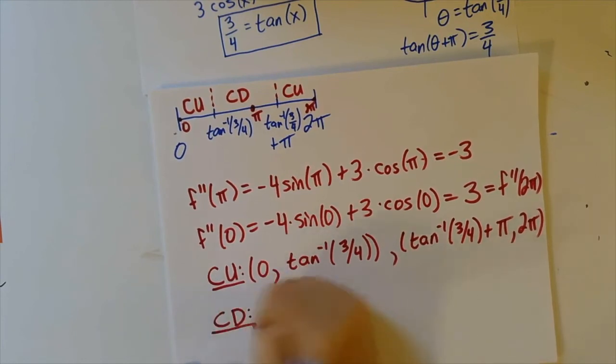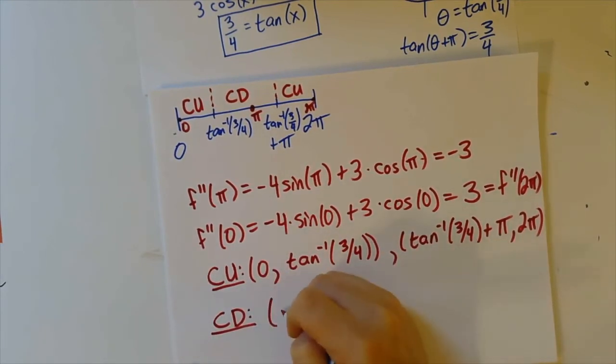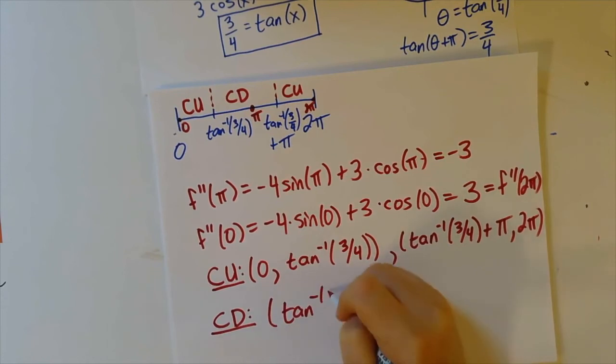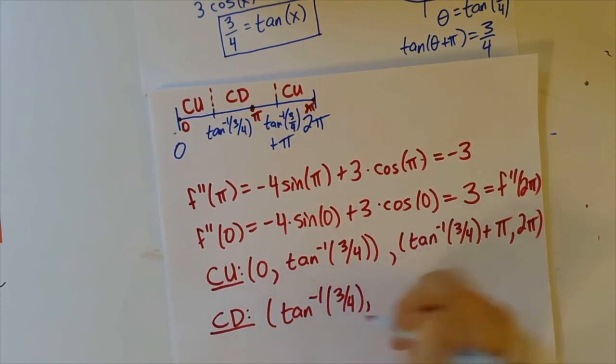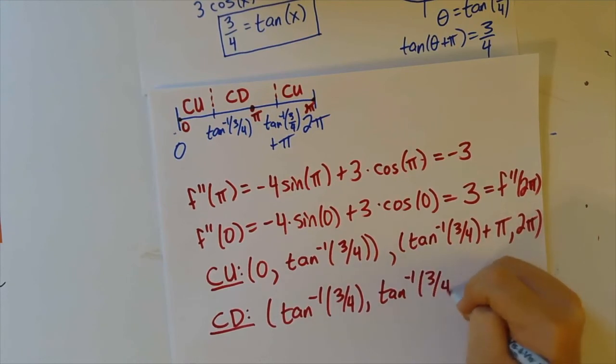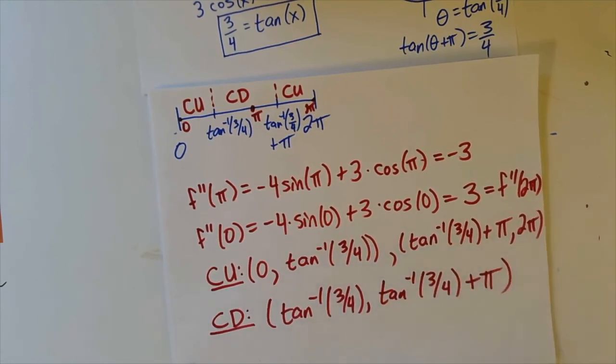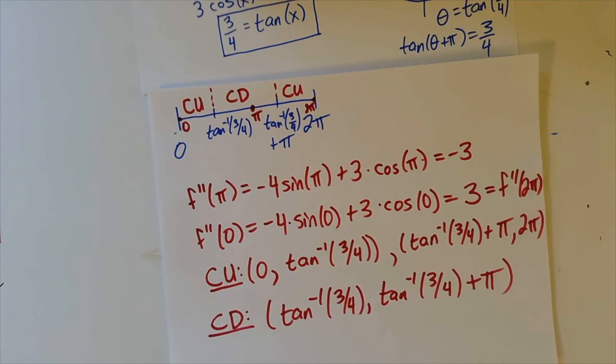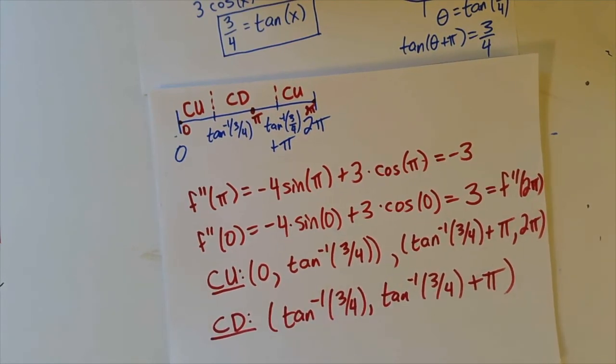And it is concave down on the interval inverse tangent of 3/4 to inverse tangent of 3/4 plus pi. And when you're entering this in WebWork, you can write this as arctangent of 3/4, and it will be happy with you.